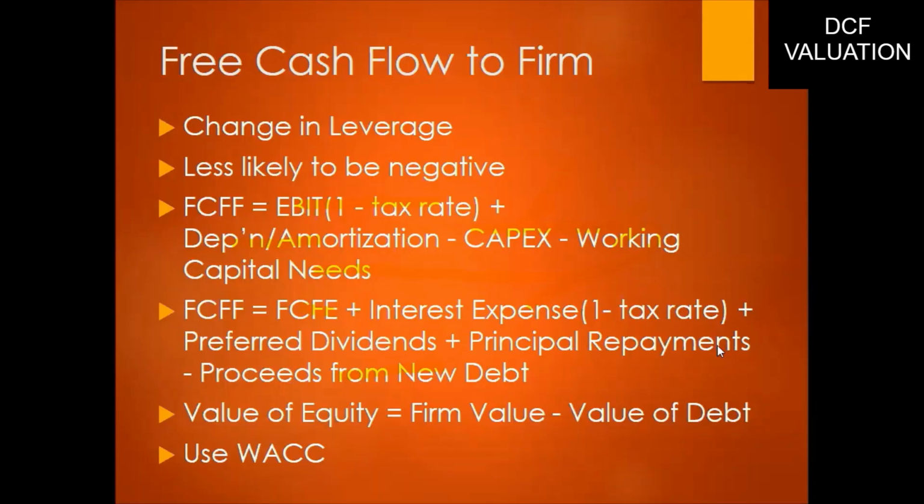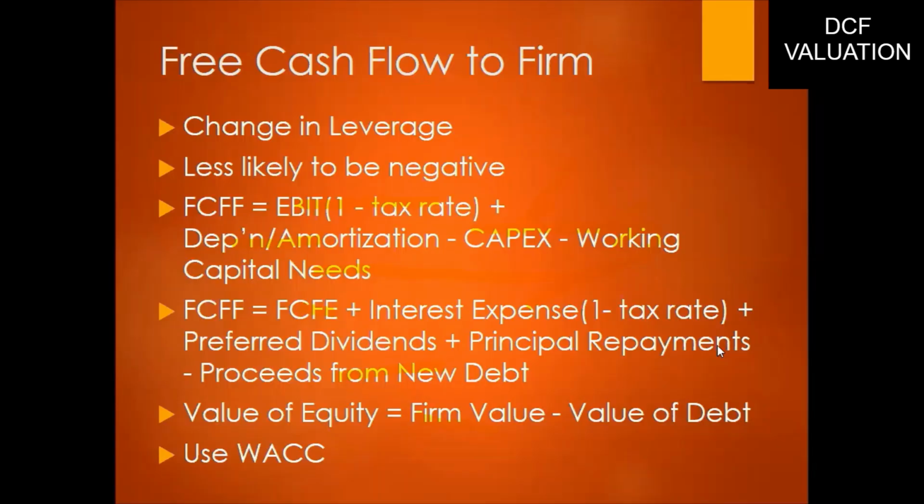Now, if you have your free cash flow to firm, you can apply the growth phases that we discussed. But now, the only difference is that you have to use the weighted average cost of capital, a cost of capital that considers creditors and shareholders, as your discount rate. So when you get that intrinsic value, that is not yet the value of equity. We call that the firm value.